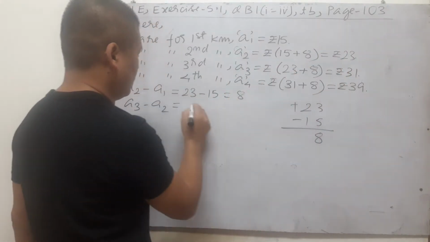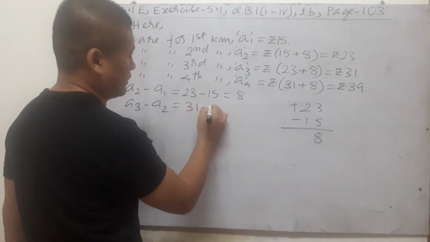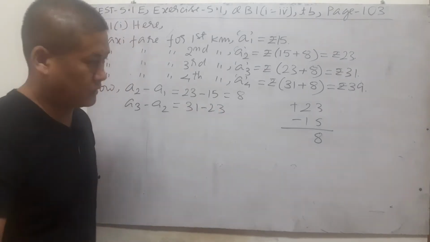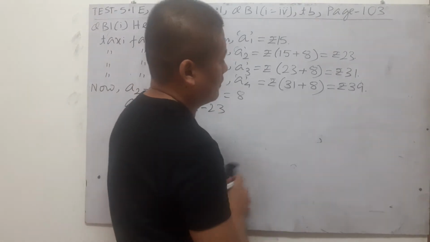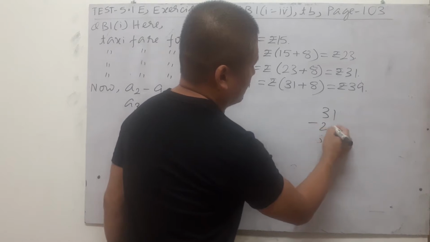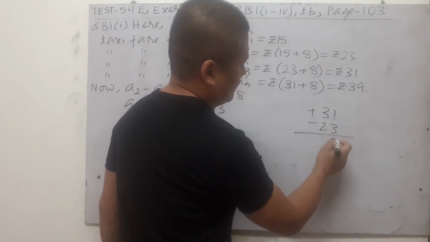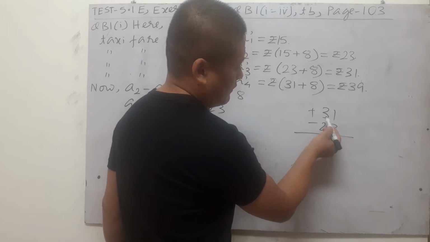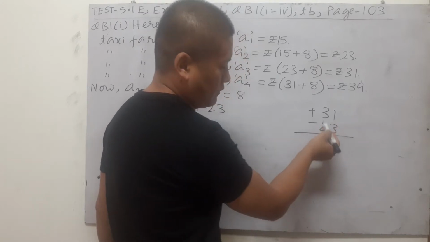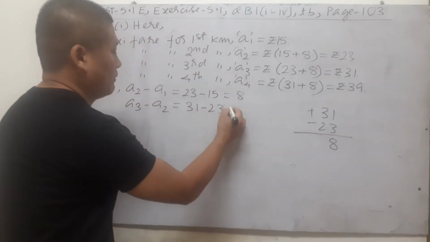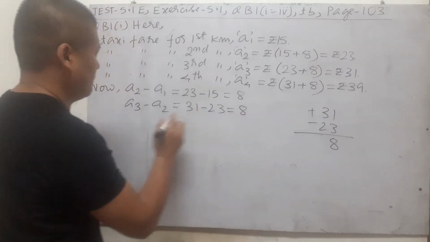So 31 minus 23, which is again plus 8. It seems to be the same.